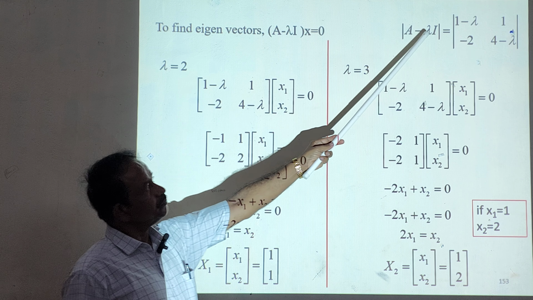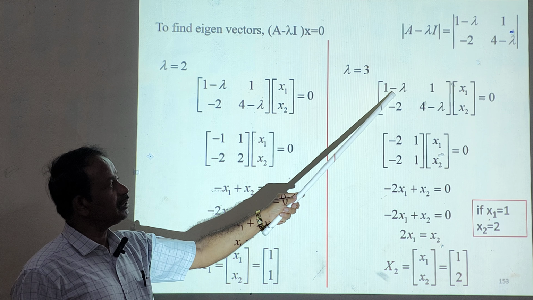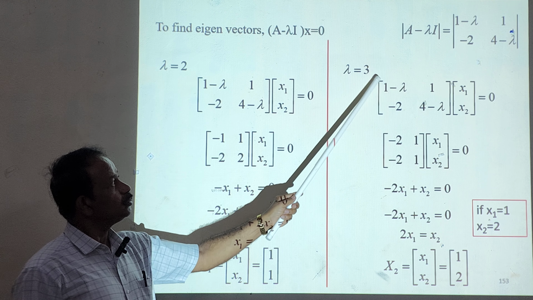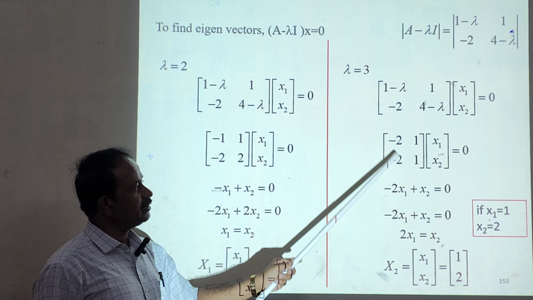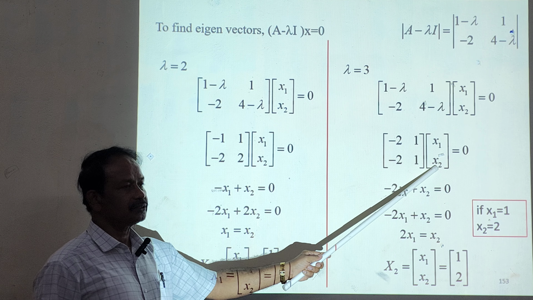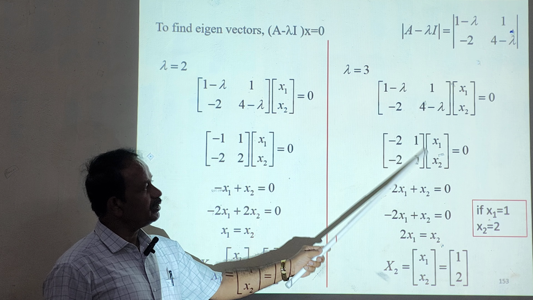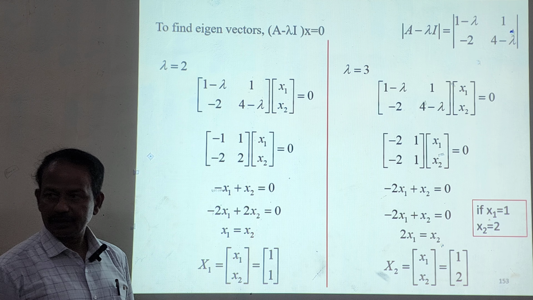You substitute here. If lambda equal to 3, you substitute for lambda. So 1 minus 3, that will be minus 2. So 1 as it is. Minus 2 as it is. 4 minus 3, that will give you 1. So x1 and x2. Minus 2 multiplied by x1 will be minus 2x1. 1 multiplied by x2 will be this. Okay.